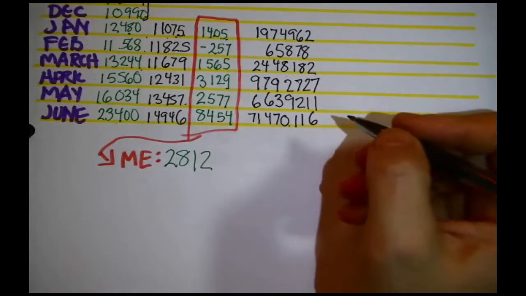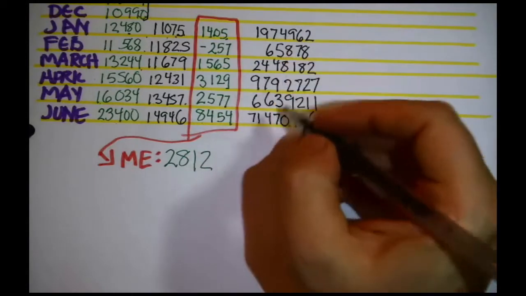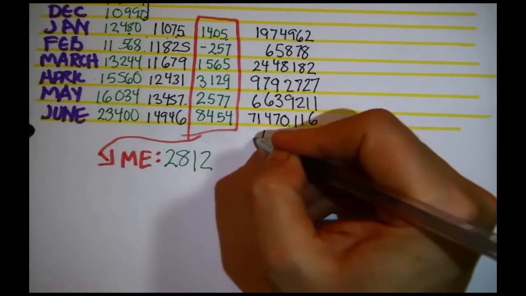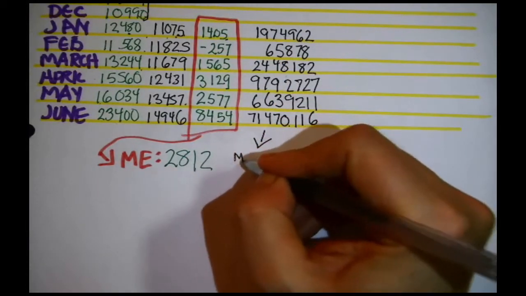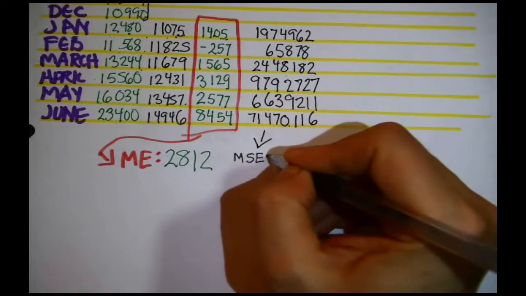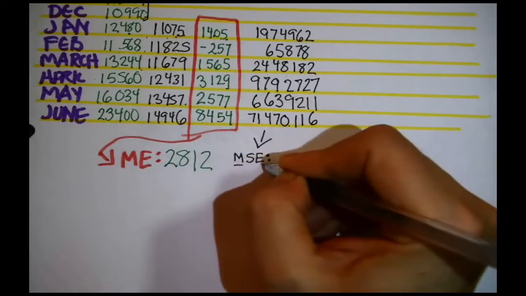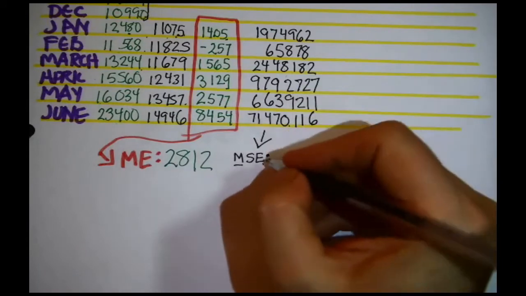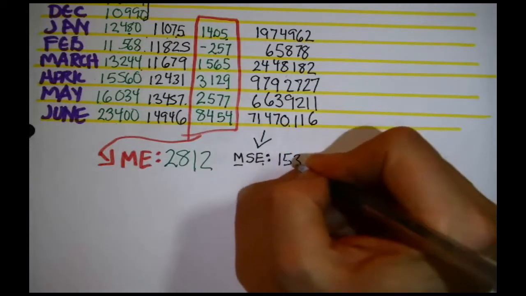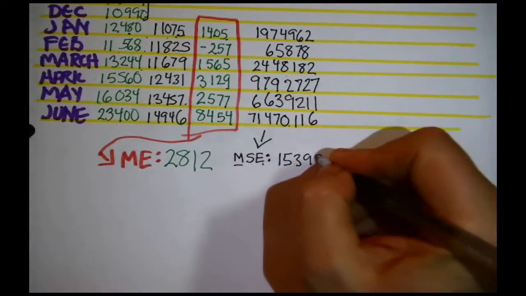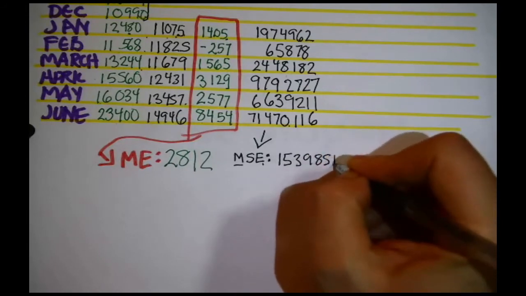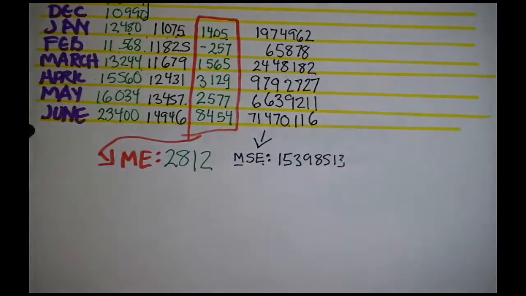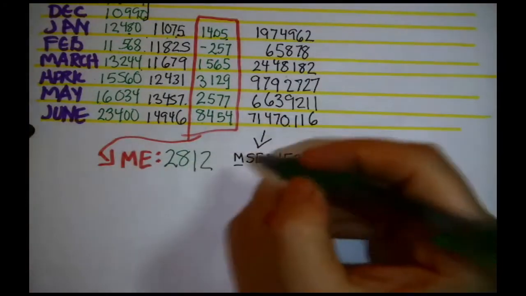All right, what are we supposed to do with these numbers? Average them together. Average them together because when they're averaged together, that is the so-called mean squared error, which I get 15,398,513. That's a really big number.